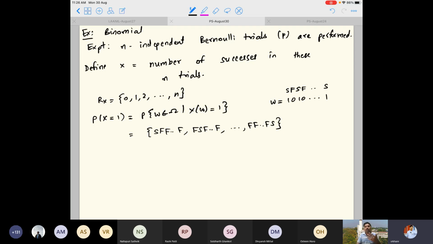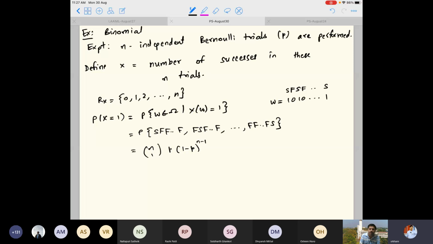The probability is n choose 1, then probability of success into 1 minus p to the power of how many failures? n minus 1 failures, right? So that is the probability that we have: n into p into 1 minus p to the power n minus 1. So you see, the positive probability assignment is only going to happen for the integer values 0, 1, 2 up to n. At all other real numbers, this probability assignment is going to be 0.